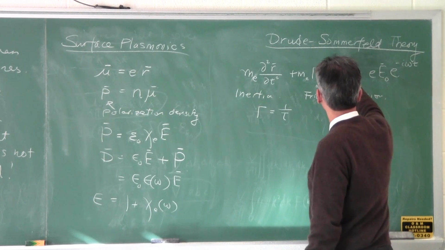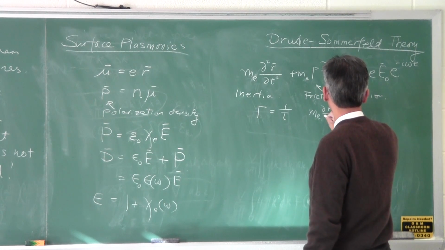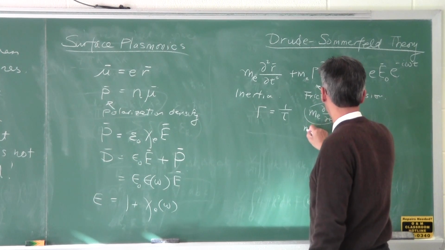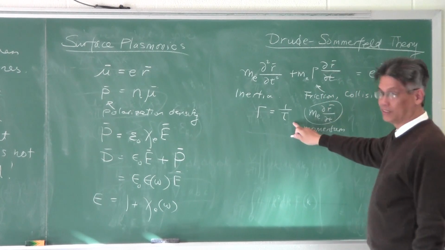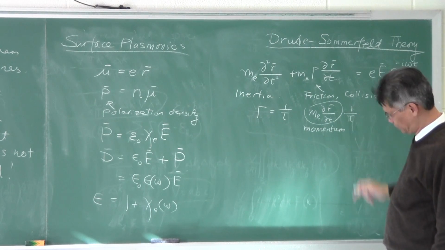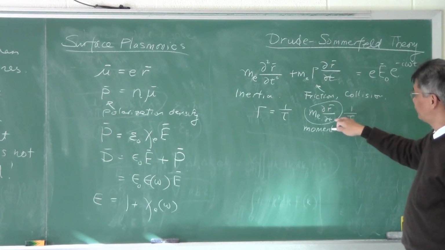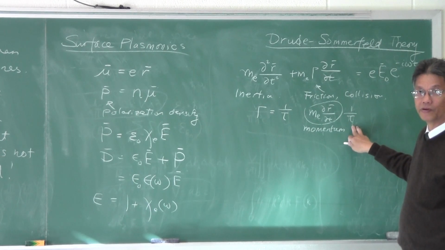And you can think of this as m_e partial r partial t. This is like momentum. And if this is a collision frequency, this momentum times 1 over tau gives you the rate of loss of momentum. Rate of loss of momentum is a kind of a force.